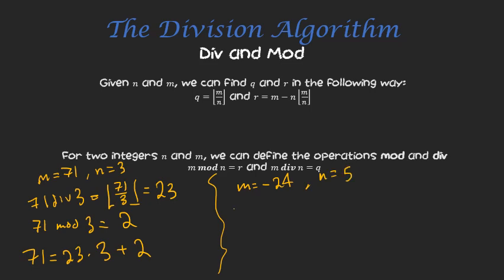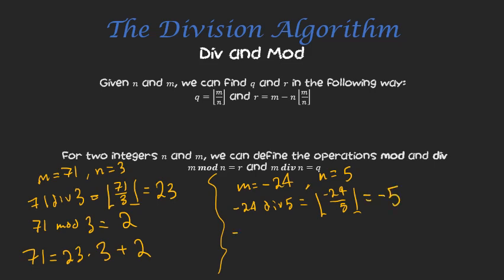All right, in this case, negative 24 div 5. That's the floor of negative 24 over 5. So I'll take negative 24, divide that by 5 on my TI-34-2 calculator here. That's negative 4.8, so the floor of that I round down to negative 5.